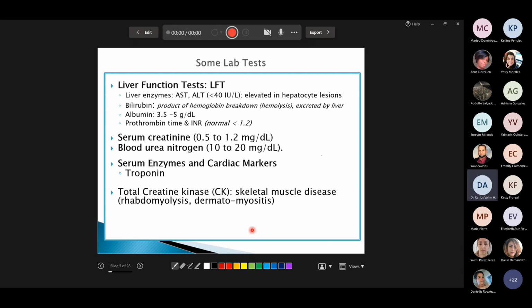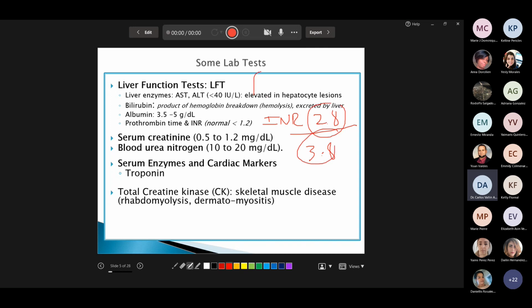So a person that is not taking warfarin, but has a severe liver damage, is going to have an INR of 2.8 or 3.8, which is prolonged, is too high, without taking warfarin. Why?